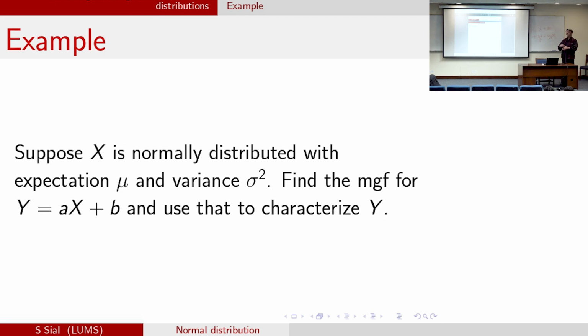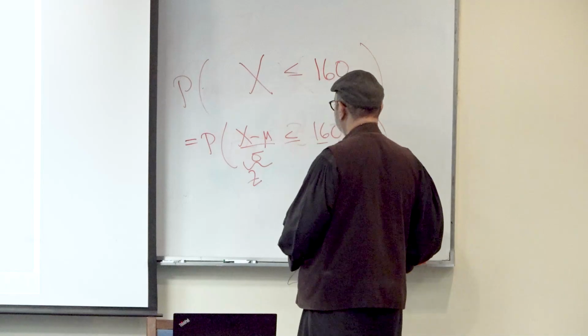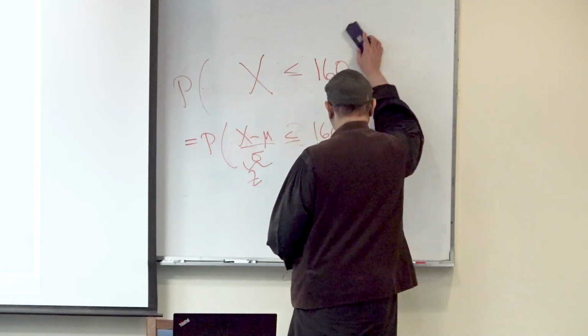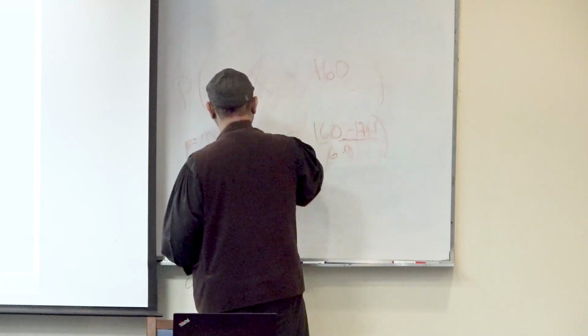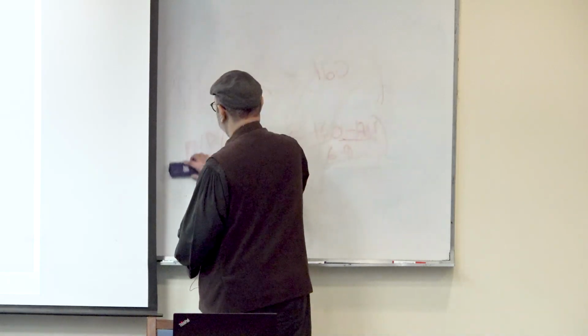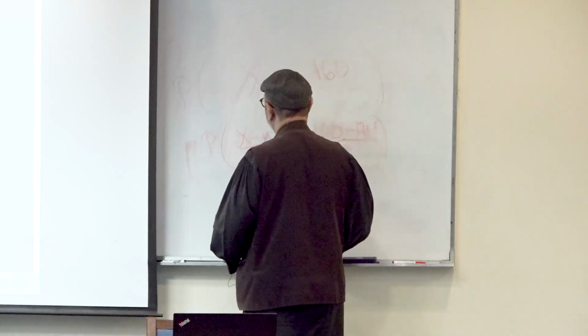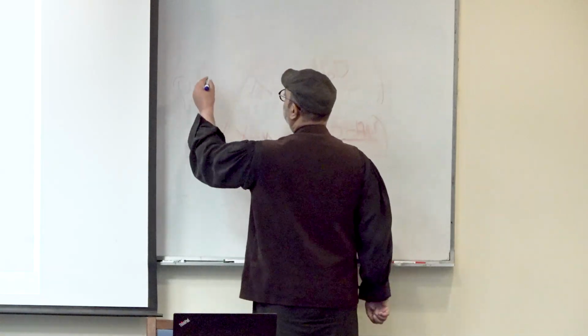Well, if I can find the MGF for Y, and I know what the MGFs of normal distributions look like, then I can tell whether Y itself is normal or not, right? Okay, so how would we go about doing this?